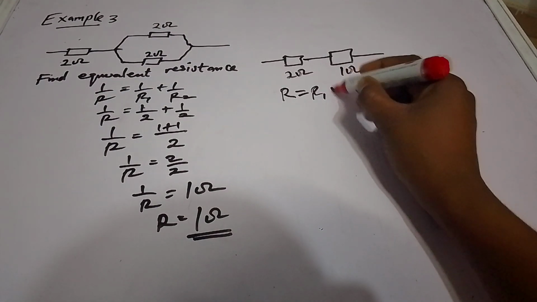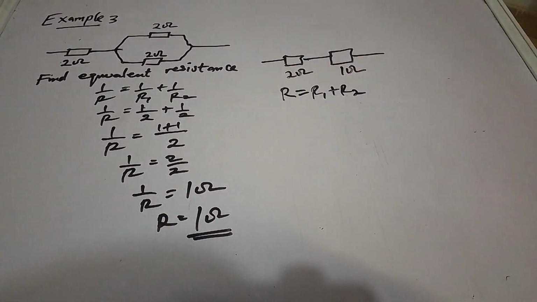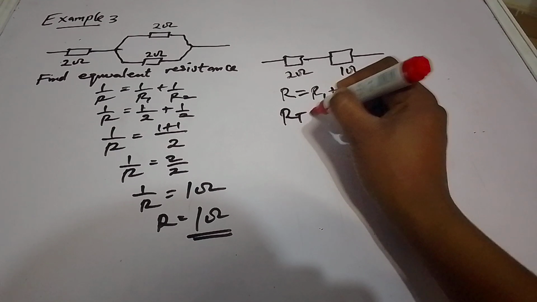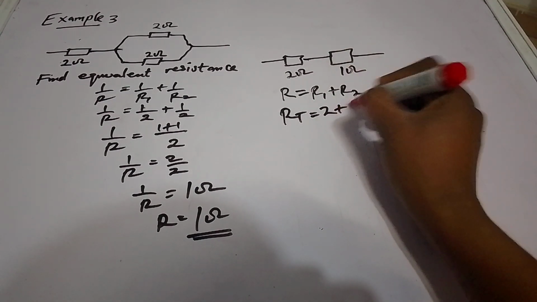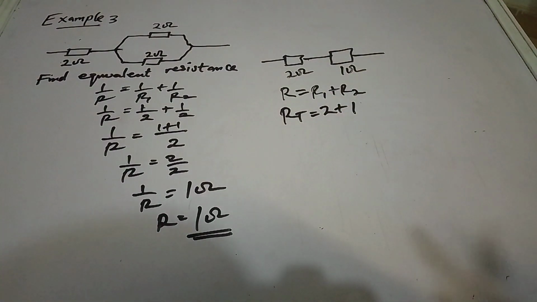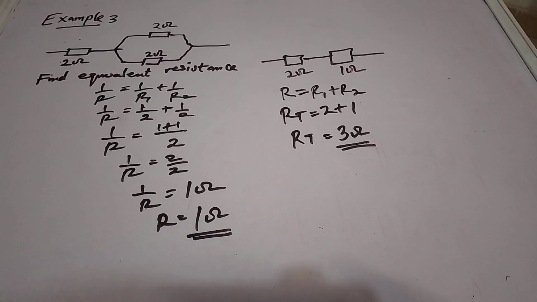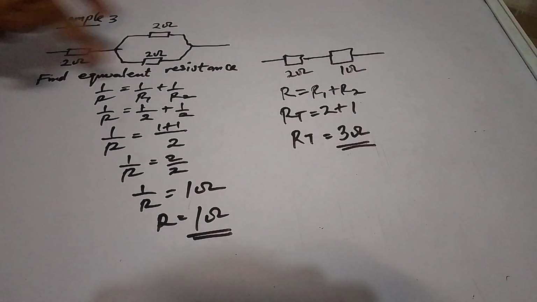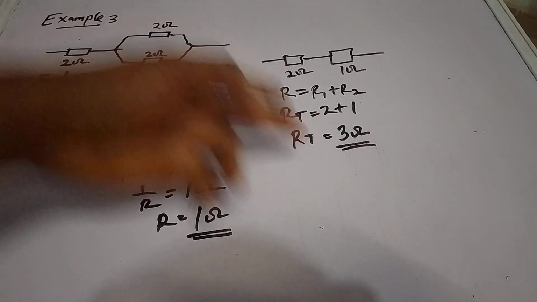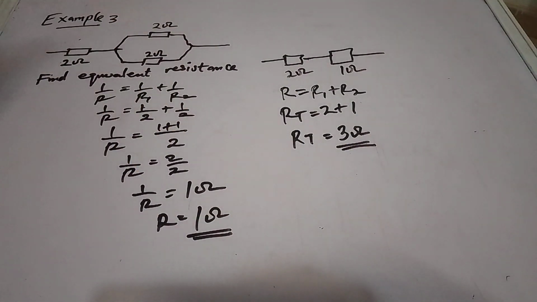R equals R1 plus R2. So the R total is going to be 2 plus 1, and 2 plus 1 is going to give us 3 ohms. So in this connection now, the equivalent resistance in this connection is 3 ohms. The total resistance is 3 ohms.